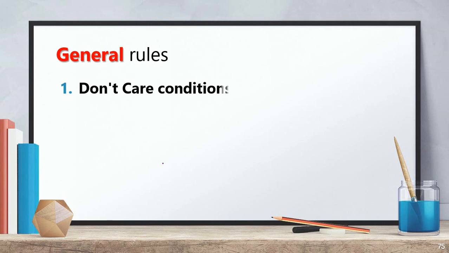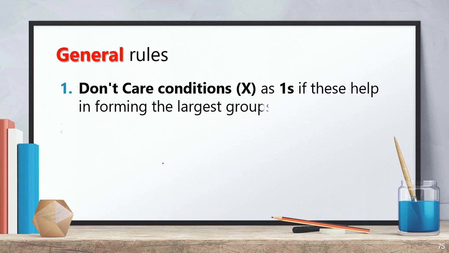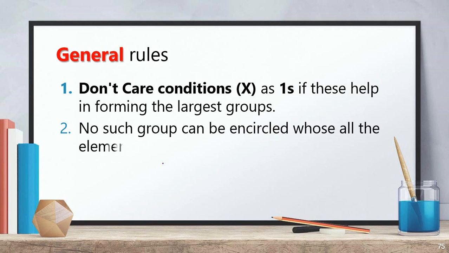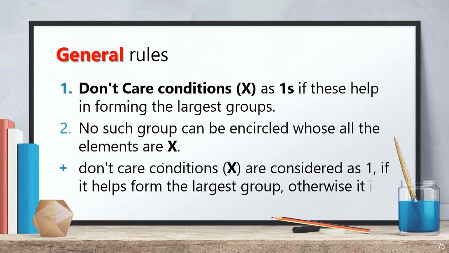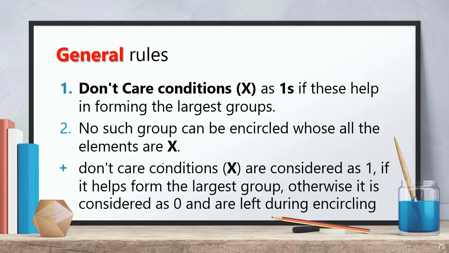Now we can check how a KMAP can be designed using the don't care condition. There are some general rules for the don't care condition. It can act as a 1 or 0 in the KMAP. So no group can be encircled whose elements are all X. This is the very important first condition.